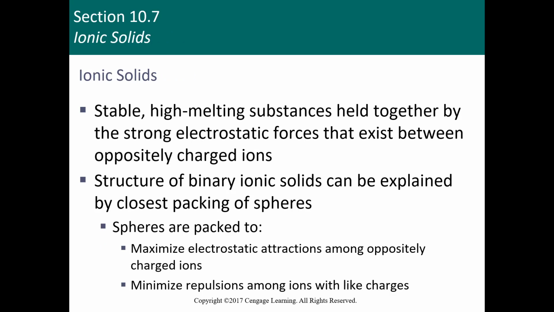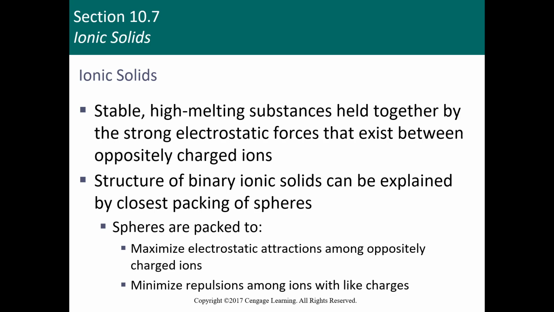Ionic solids are going to have ionic bonds between the various ions. These are very stable. They're high melting substances, held together by strong electrostatic forces between oppositely charged ions. They'll literally be positive, negative, positive, negative over and over, clinging together.